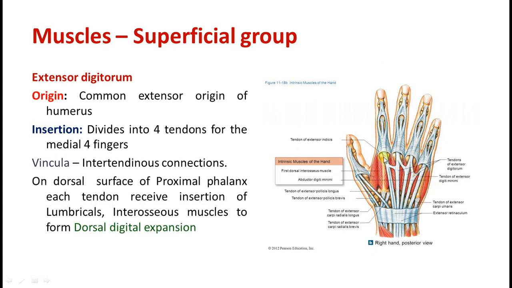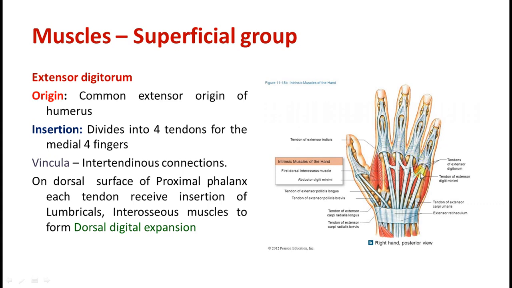Now after crossing this at the level of the metacarpal, they travel on the dorsal surface of the proximal phalanx. As they travel, they receive the insertion of the lumbricals and interossei by the sides, and they get inserted via the dorsal digital expansion. So this is actually the dorsal digital expansion.